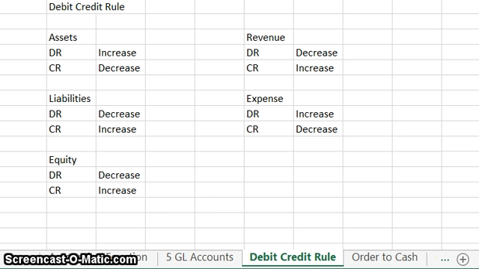So basically, what would happen is, we'll say if you wanted to buy a piece of equipment, well, that would be an asset. So if you purchase that piece of equipment, you would debit your asset account to say that you had purchased that equipment.